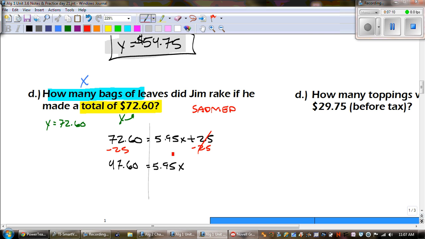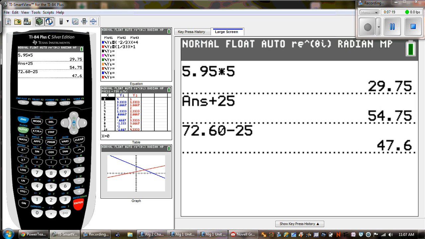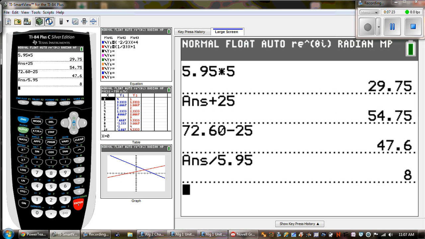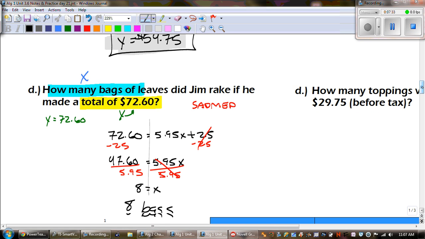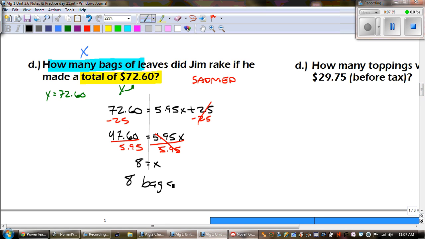And then to get the x by itself, we divide by 5.95. So divide that answer by 5.95, and we get 8. So 8 equals x, which means 8 bags. Remember that we have to label our answer.